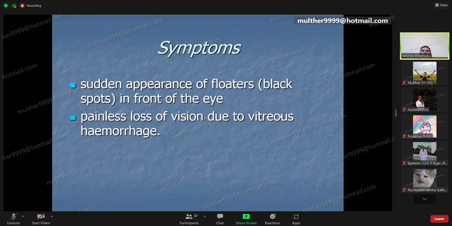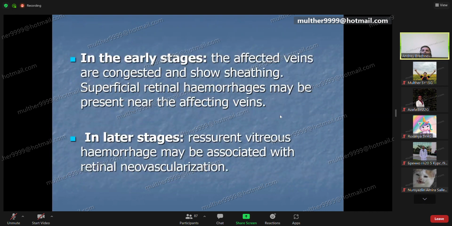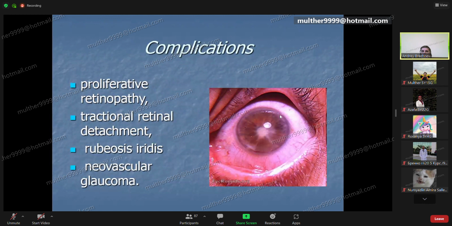Complications of this disorder include proliferative retinopathy, growth of the connective tissue, tractional retinal detachment, rubeosis iridis, and neovascular glaucoma: growth of new pathological blood vessels on the surface of the iris. Then they reach the angle of the anterior chamber and decrease the outflow of the aqueous humor. This condition is associated with neovascular glaucoma.